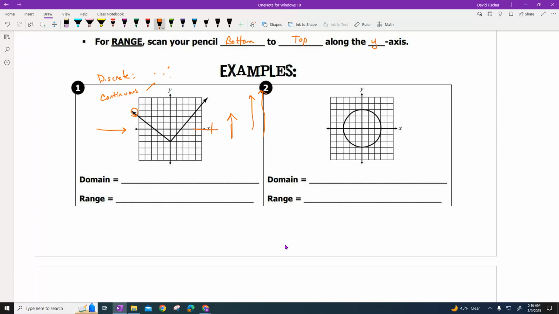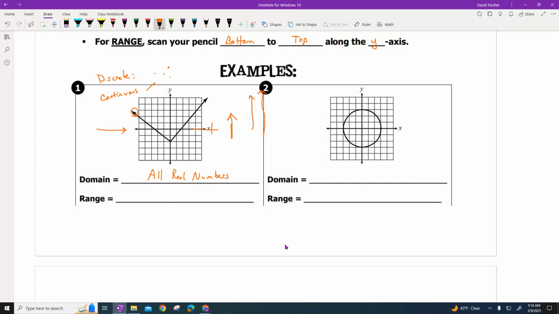No matter where I go, I'm going to hit my graph. And even on the left side, it's going to keep hitting my graph. So in this case, our domain is all real numbers. And if you remember back to the beginning, real numbers includes negatives, positives, and fractions.